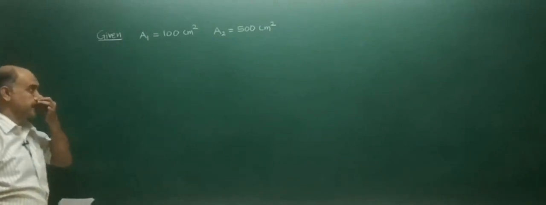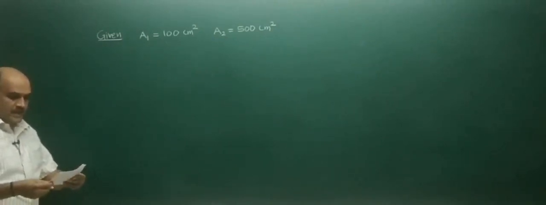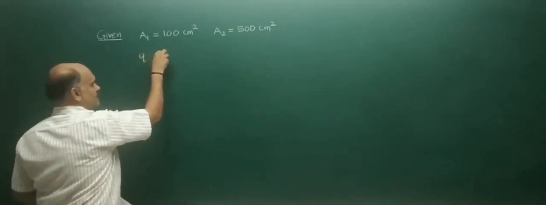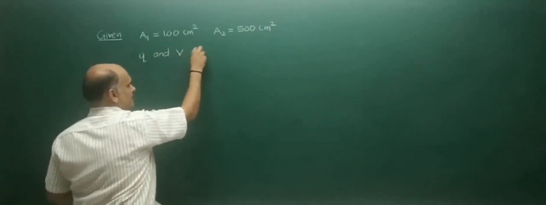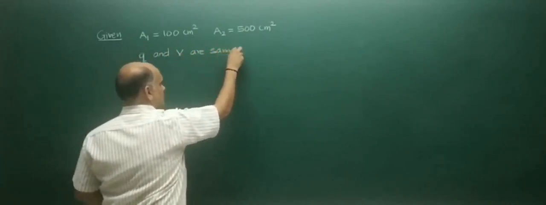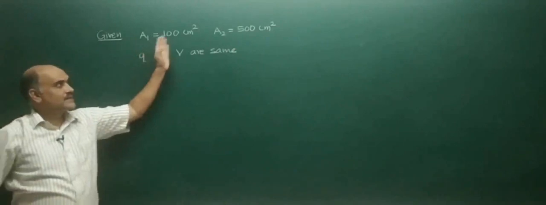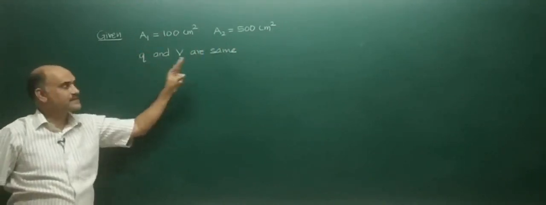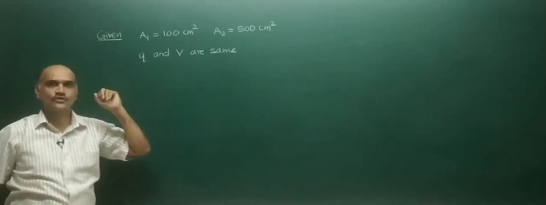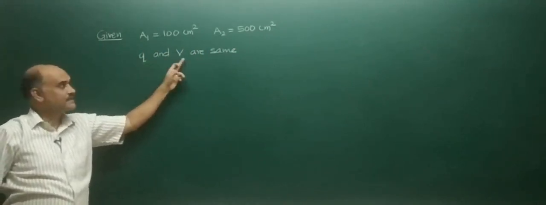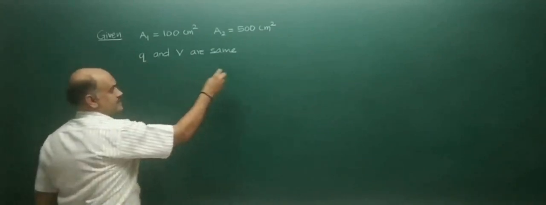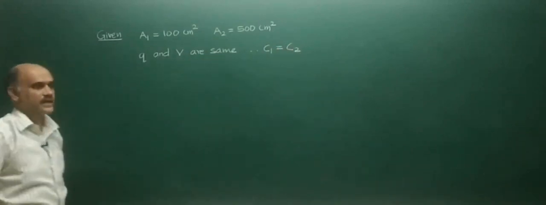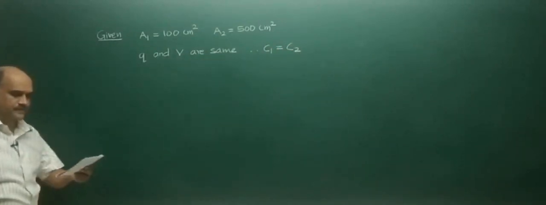They have the same charge and potential, so Q and V are the same on both. On both capacitors the charge is the same, the potential is the same, which means the capacitance of both is the same. C is equal to Q by V. Q is the same, V is the same, so the capacitance is the same, meaning C1 is equal to C2.